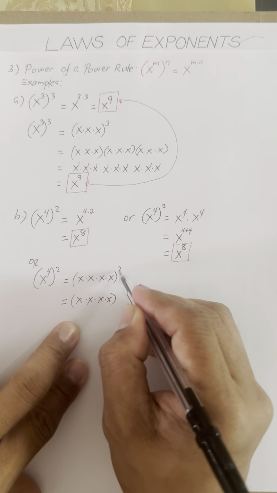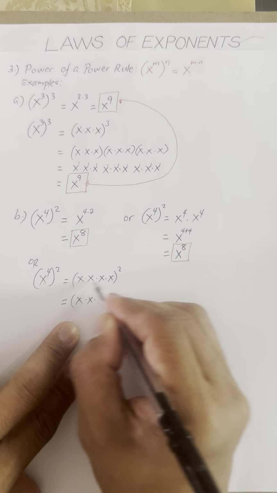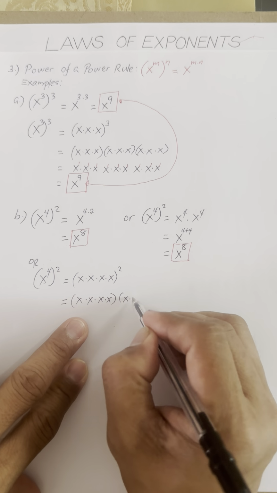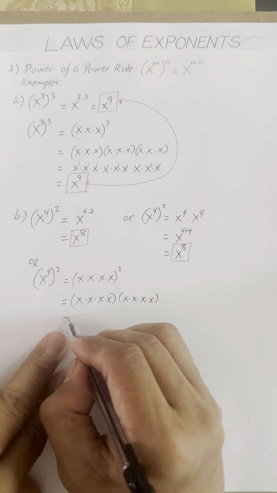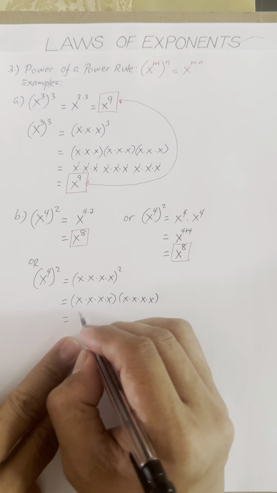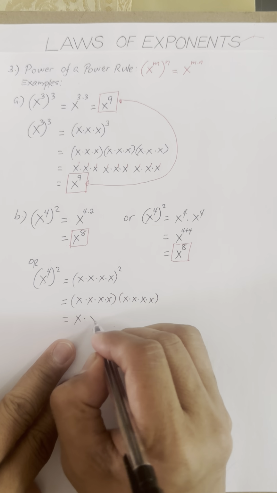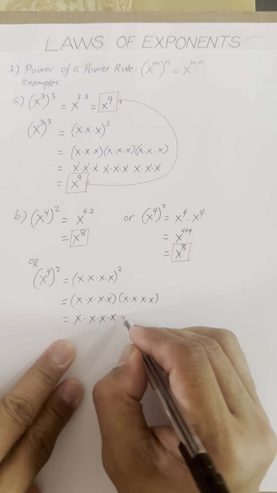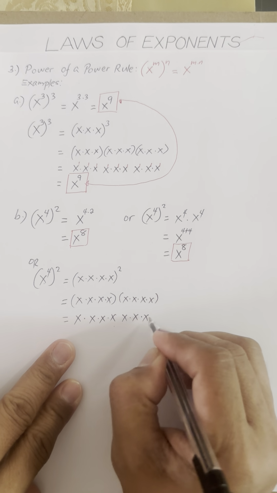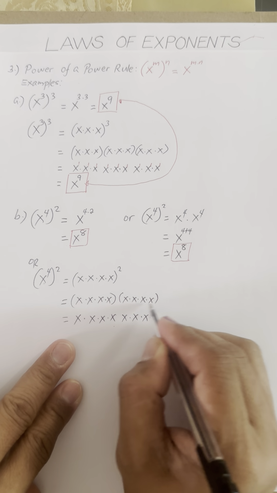So there are 2 of them multiplied: x times x times x times x. And when we remove the sign of grouping, the parentheses, this becomes x times x times x times x, which is inside this quantity, and another x times x times x times x, which is inside this quantity.